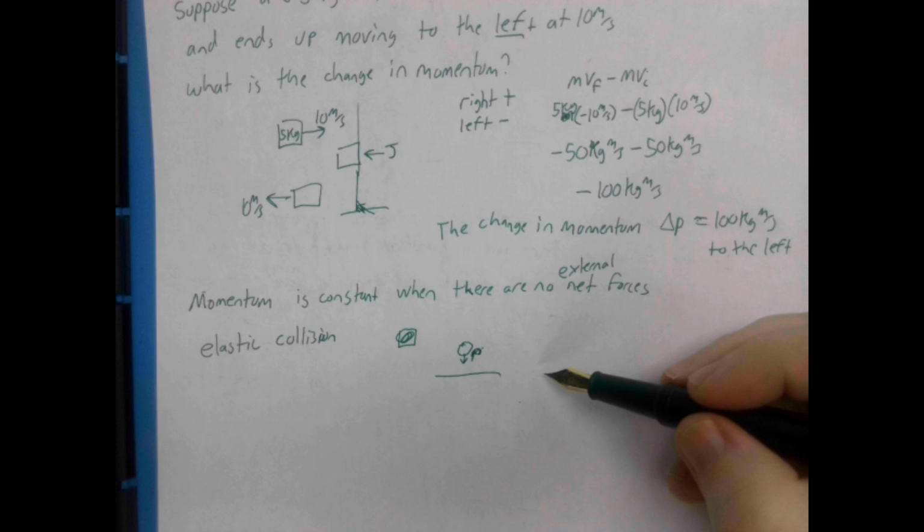Kinetic energy is not a vector; it has no sign or direction. So if this was moving down with 1/2 mass times velocity squared, the square on the velocity gets rid of the sign or direction. This is going to have to stay 1/2 mass times velocity squared.